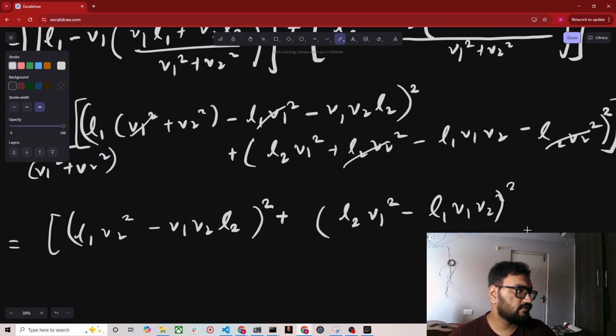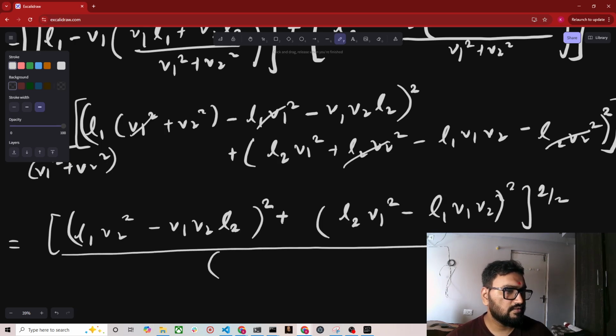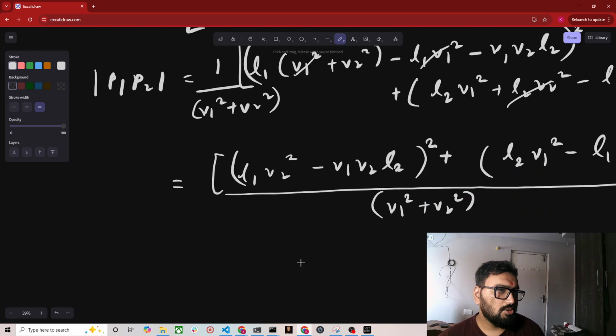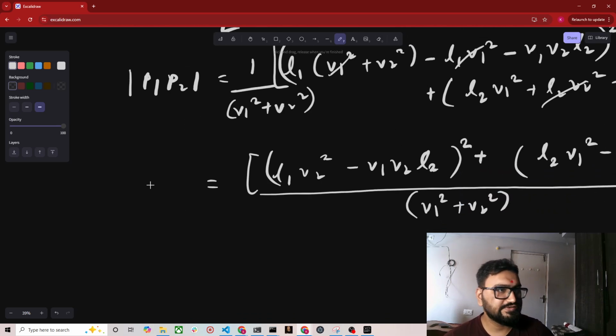and the square root of the entire thing divided by V1 square plus V2 square. Alright, this is mostly just solving some equation, nothing else.